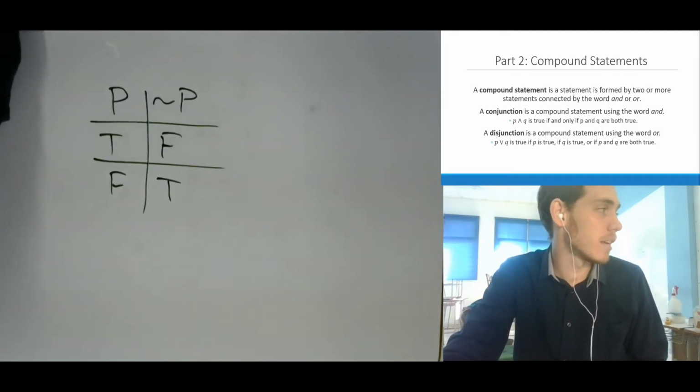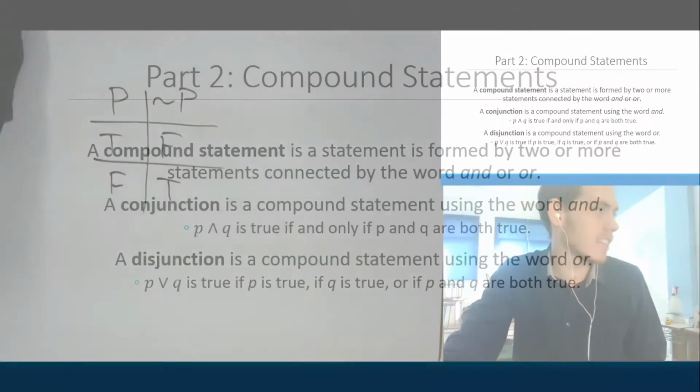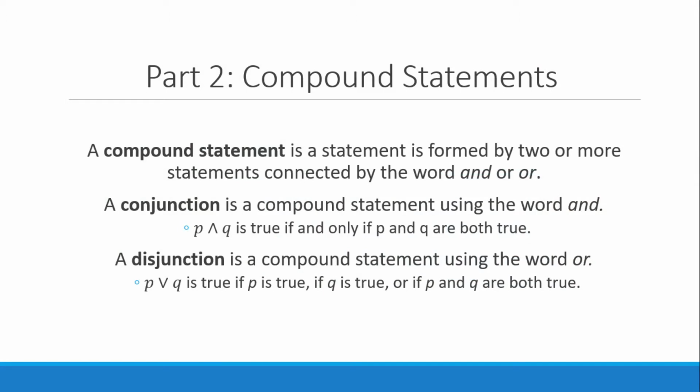Okay, compound statement. Let's blow this up so that you can write this. You don't need to see my face. A compound statement is a statement formed by two or more statements connected by the word and or or. Yes, it's either and or or.